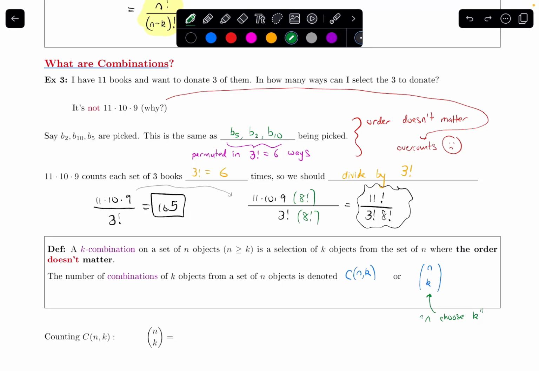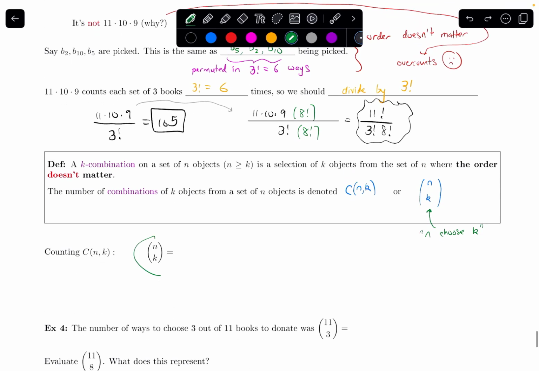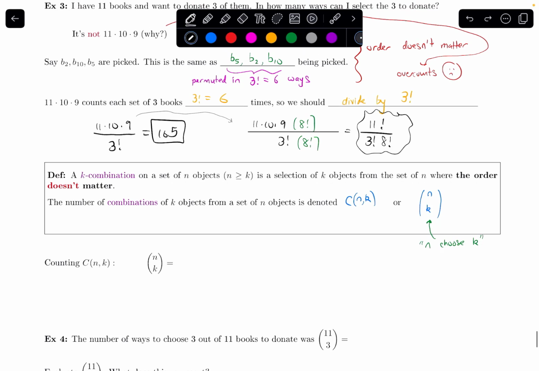Okay, so let's see if we can express a general formula for this n choose k term. In the numerator, I'd first think about, well, for that first object, there are n choices for what it could be. Then for the second object, there'd be n minus 1 choices.